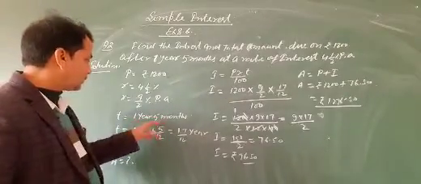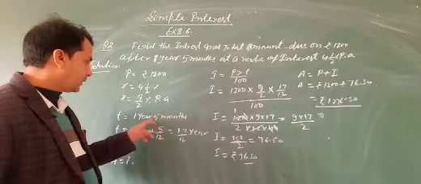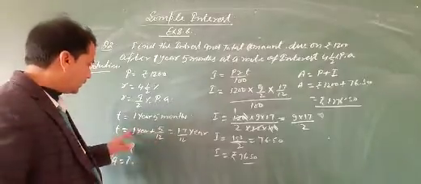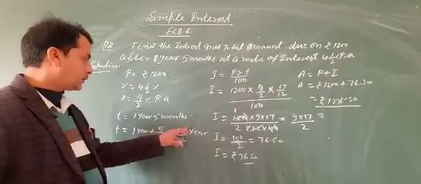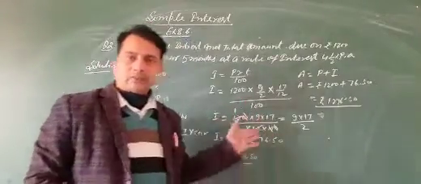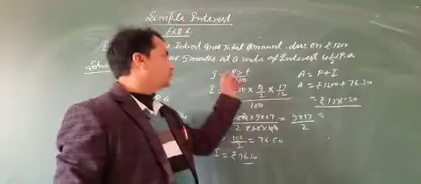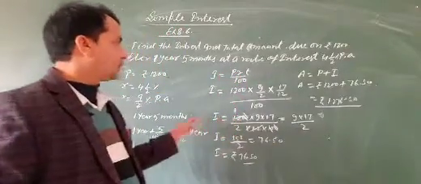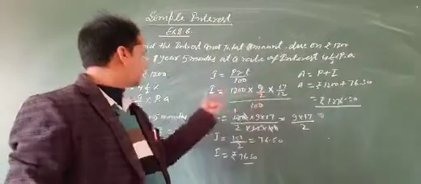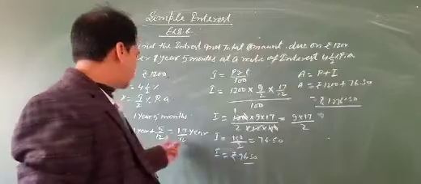So first of all we will convert month in the term of year, then we can write here 5/12, then 1 plus 5/12 that is 17/12. Then use the formula of the simple interest and we know that here I equal to PRT by 100, then value of P equal to 1200, the rate of interest is 9/2 and time is here 17/12.